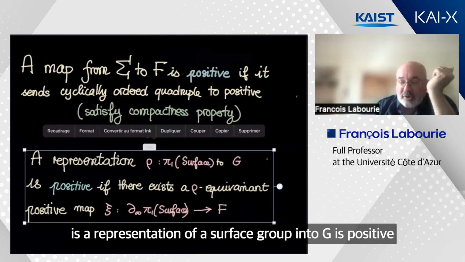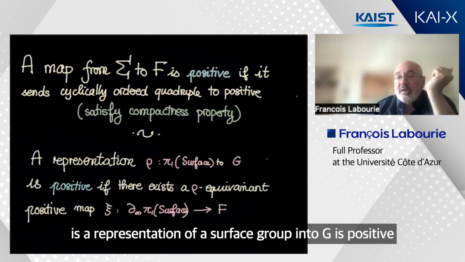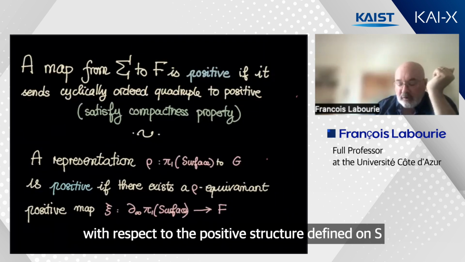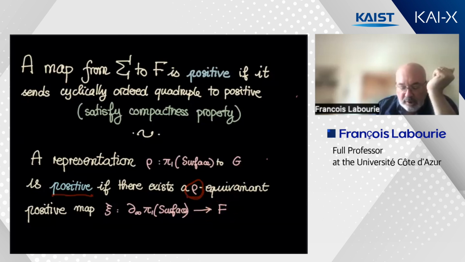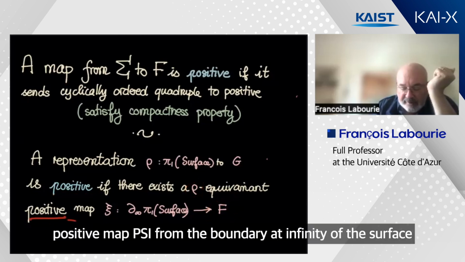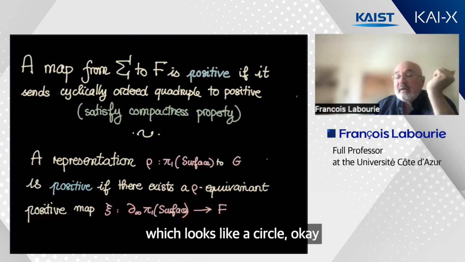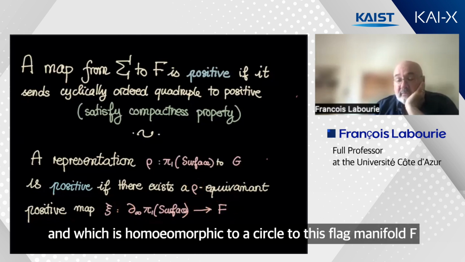A representation of a surface group into G is positive with respect to the positive structure defined on the flag manifold if there exists a rho-equivariant positive map xi from the boundary at infinity of the surface, which is homeomorphic to a circle, to this flag manifold F.